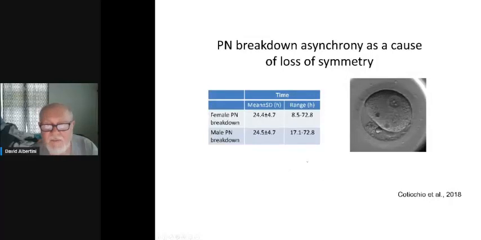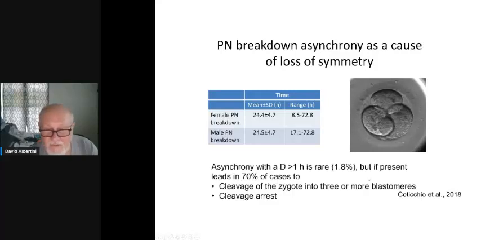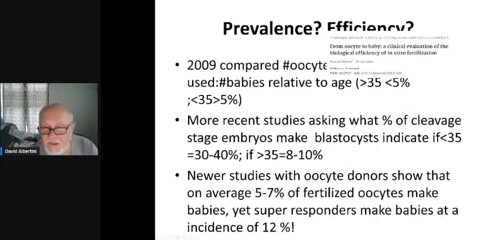Okay. And again, the emphasis here has been placed on timing for PN breakdown, which would lead to the asynchrony and the generation of these direct cleavage features that ultimately, in most cases, lead to cleavage arrest and the inability of these embryos to proceed.